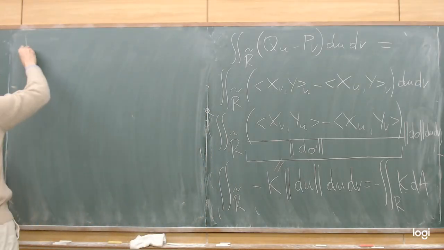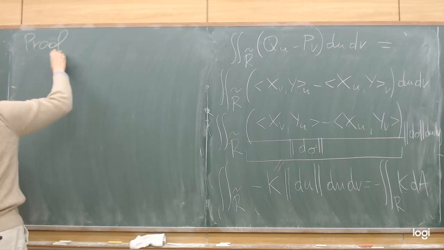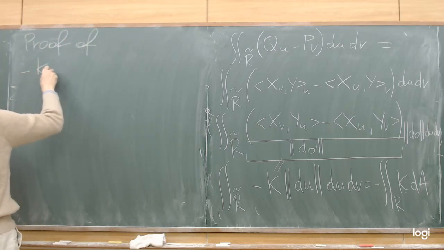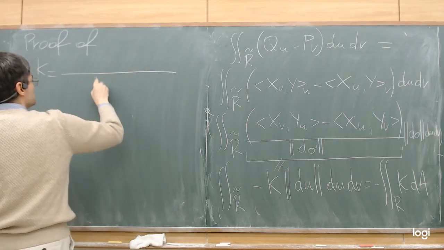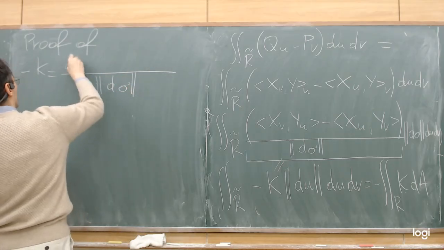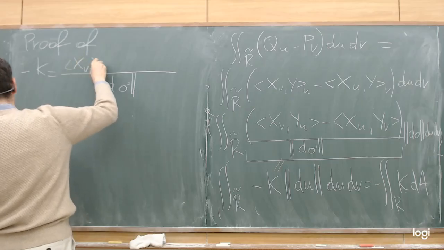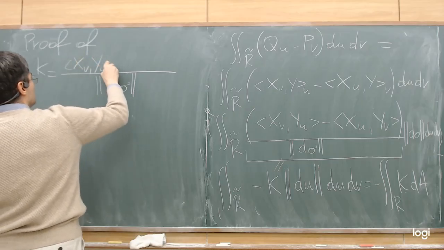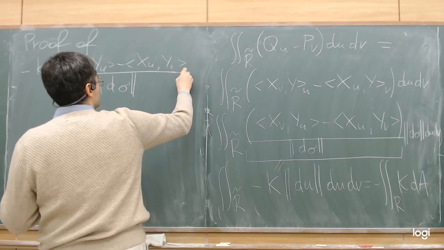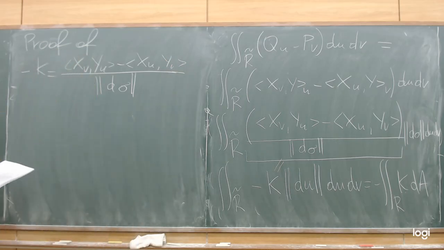So proof of minus k equal xv yu minus xu yv. Let's observe the following fact.